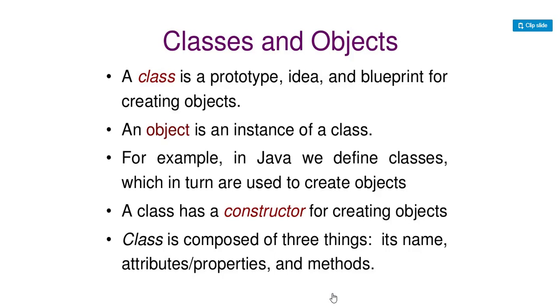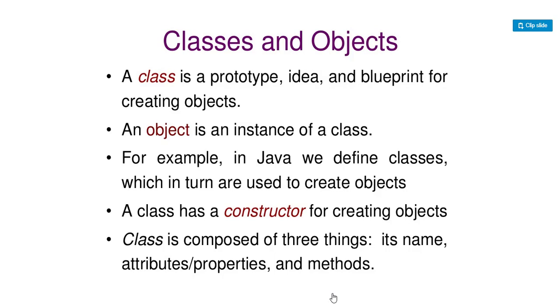So if my object is my cell phone, then its class will contain things like how much RAM it has, what its screen size is, how much resolution its display has, and the functions of it will be called methods.